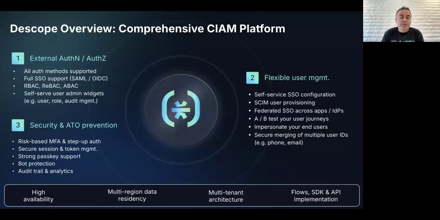The platform provides different ways of integration. Today, we're going to focus on the Descope flows, which is our UI journeys, but we also provide SDK and API. All of our documentation is open, so feel free to browse around. I'm going to focus, like I said, on the flows today. But again, everything I'm going to do today is also available in other ways, like integrating our SDK or APIs.